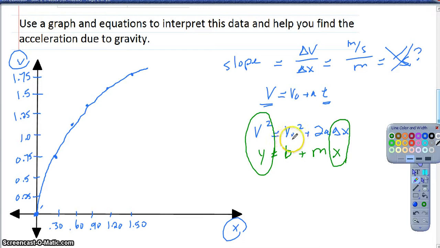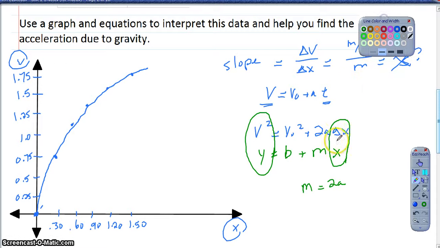B would indicate then my starting velocity squared. So my y-intercept would tell me what the square of my initial velocity is. And then the big key here is when I do velocity squared versus displacement, my slope is going to be 2 times the acceleration. So it does have meaning if I plot velocity squared versus displacement.